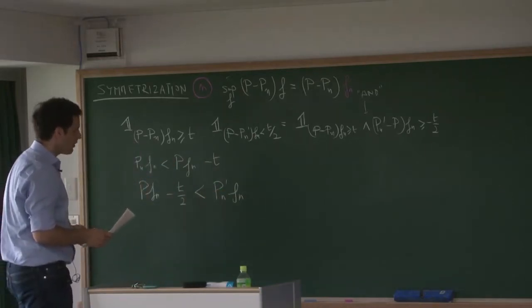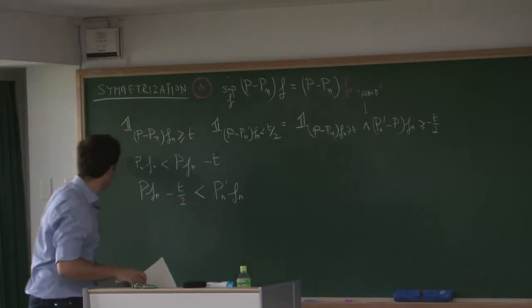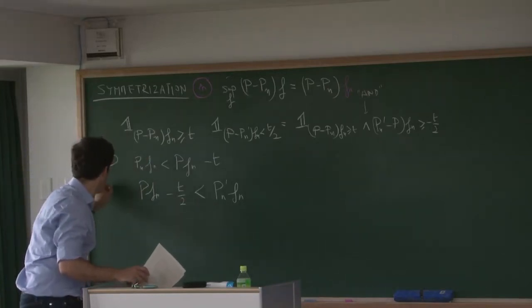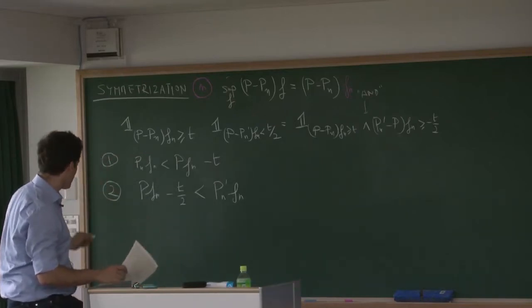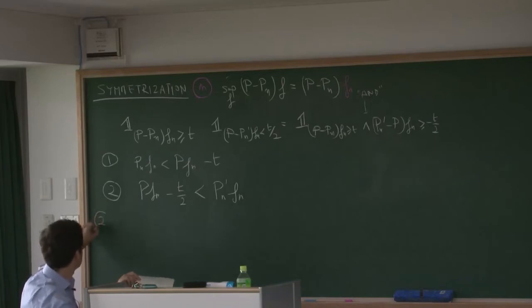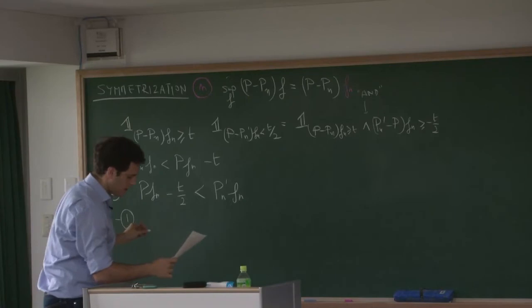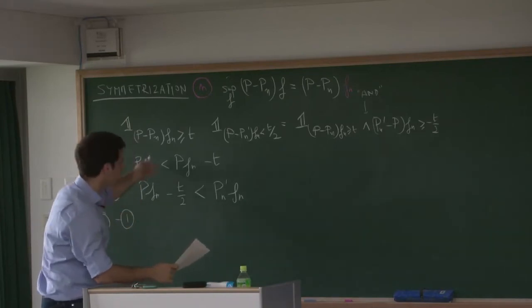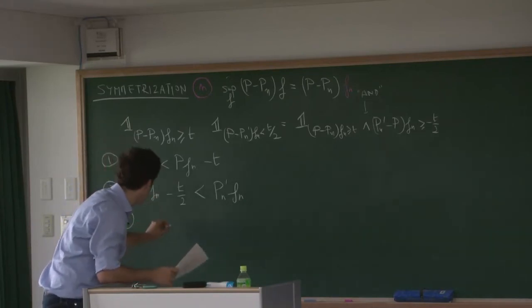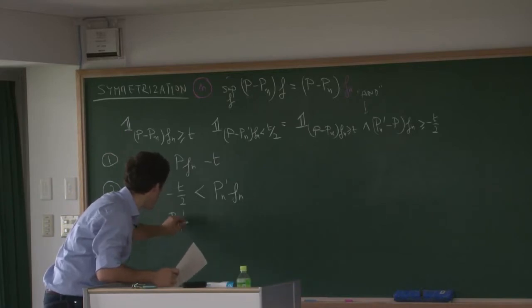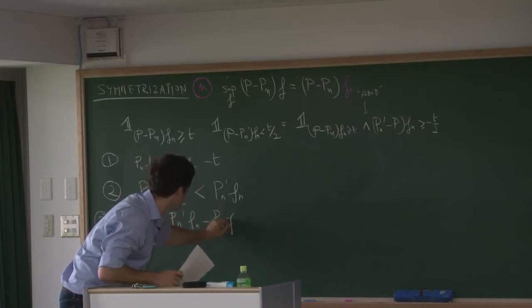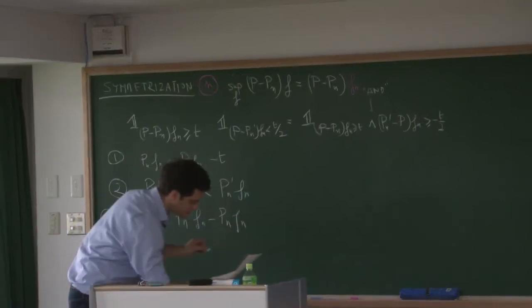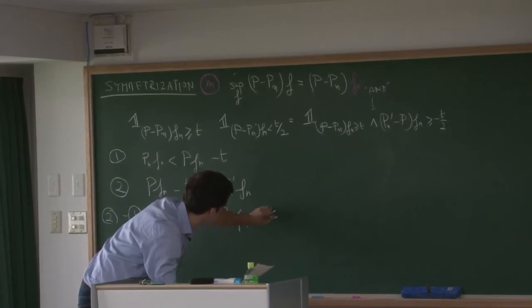So what I'm going to do now is take 2 minus 1 to get that. In that case, if I have this and this, then necessarily Pn prime of Fn minus Pn of Fn is bigger than t divided by 2.